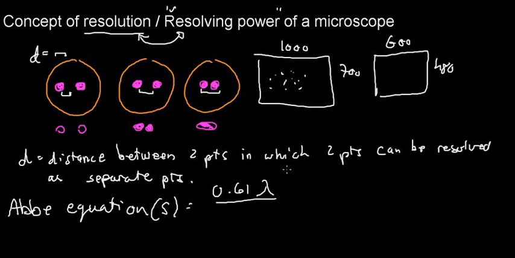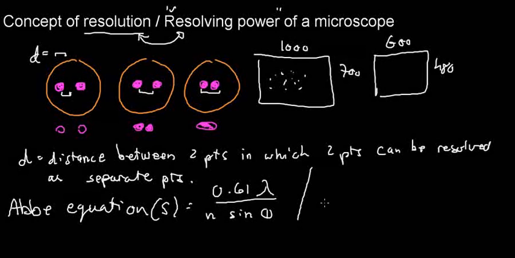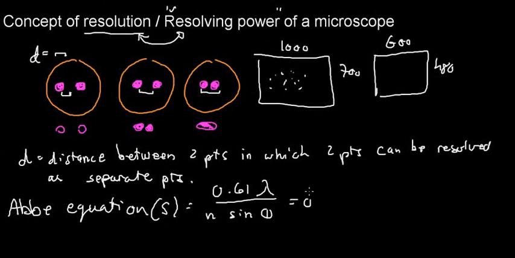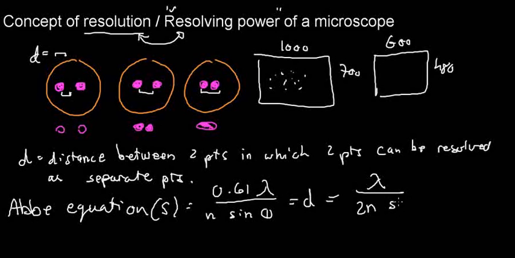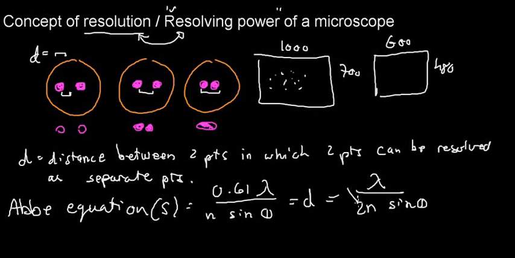0.61 lambda, this is the wavelength of visible light, over n sin theta, and this is how to resolve d. This is how we can figure out d, or maybe lambda over 2n sin theta. You can think of the 2 here as, you can scratch this and read 0.5 times lambda, which is actually almost the same as saying this.